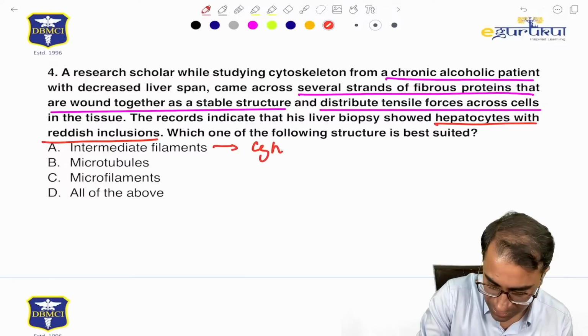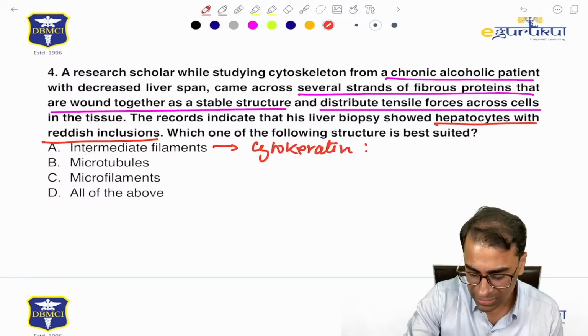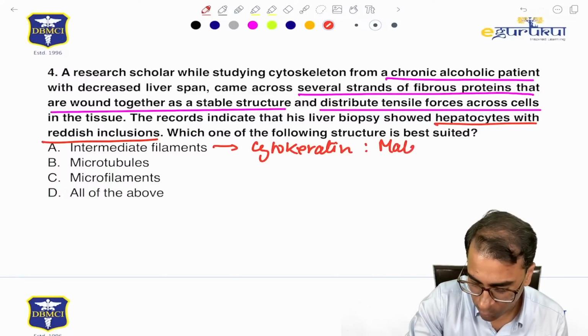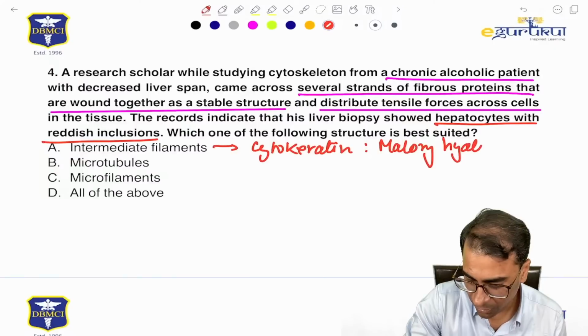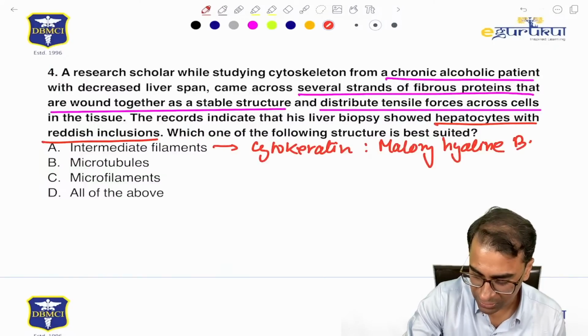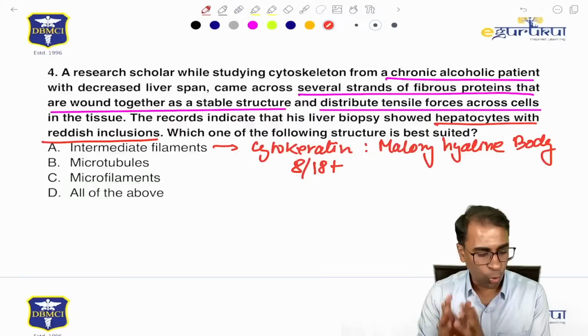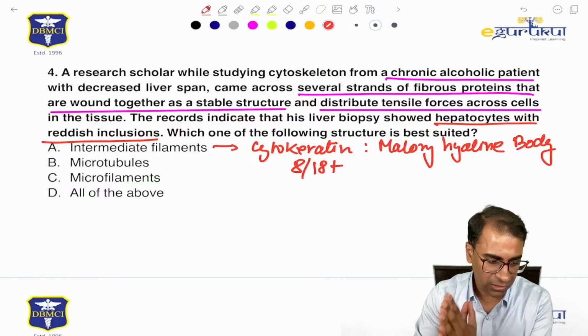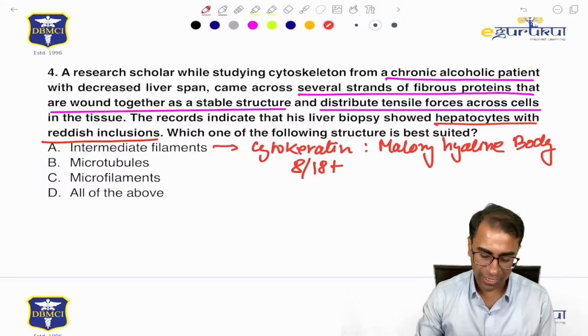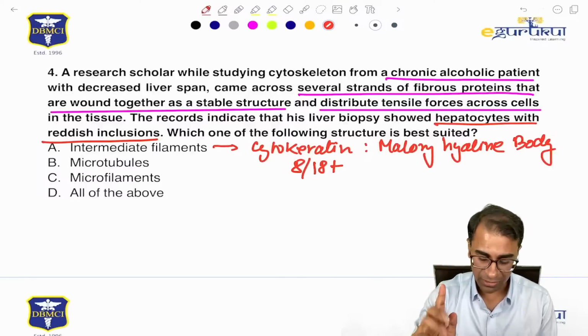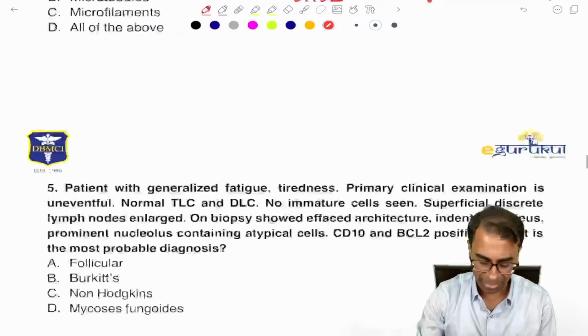It's a case of cytokeratin, and such structures are called as what? It is called as Mallory hyaline or Mallory-Denk bodies. Such bodies are stained by cytokeratin 8 and 18 to be more precise, but because they're a case of intermediate filaments, it becomes a case of A. ये B नहीं है. ठीक है, आंसर तो क्या है? A है. अच्छा.